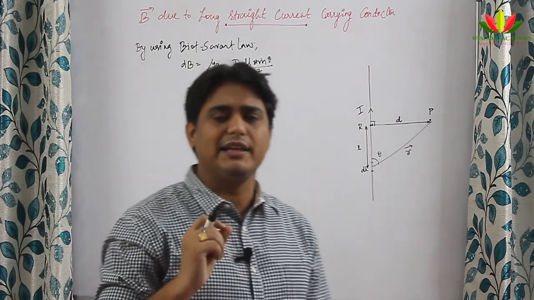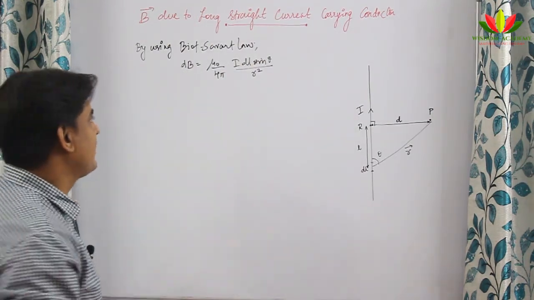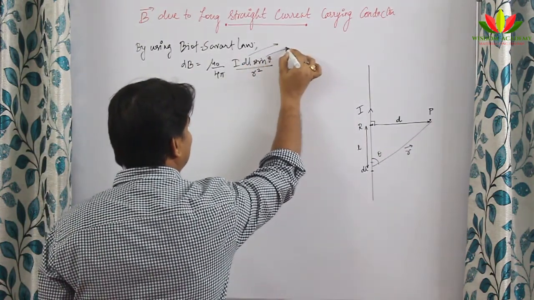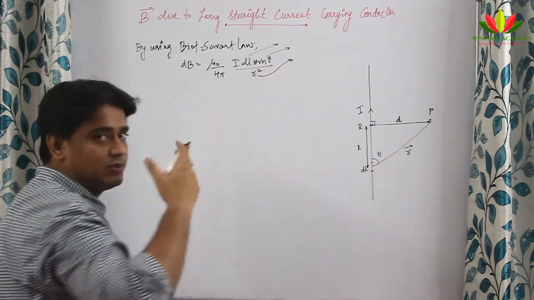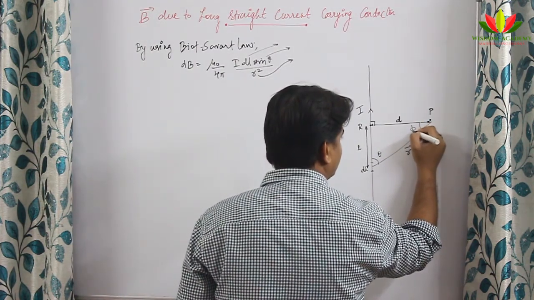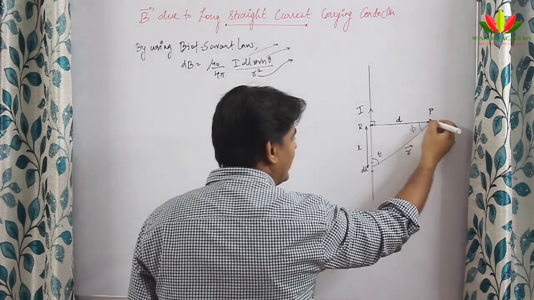Now you have to remember some things. To proceed further, I will try to find dl, sin theta, and R square in some other terms. What term? In terms of this angle phi, where phi is the angle that P makes with the perpendicular.